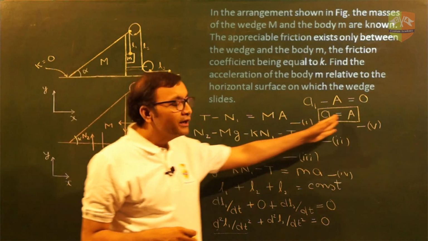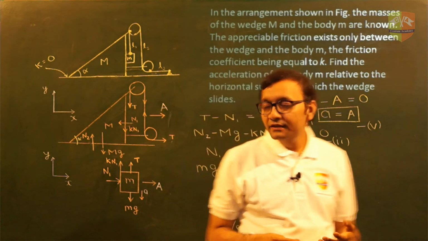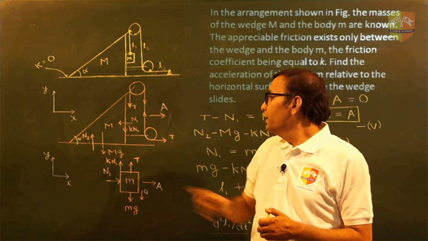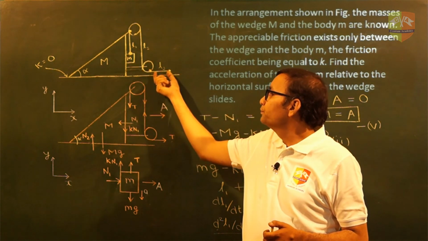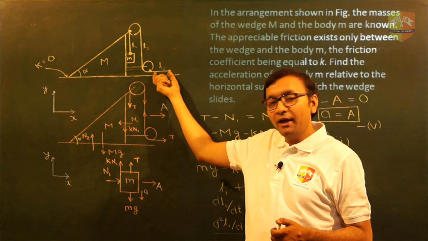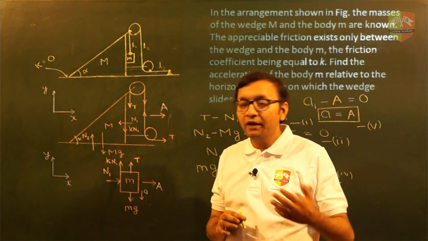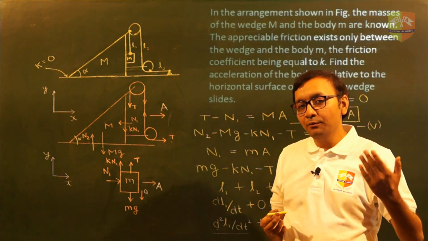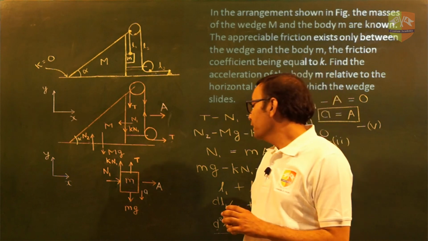You can also get the constraint equation by using one of those 3 techniques, using the work done by tension being equal to 0. So T into x1 should be equal to T into minus x2. So you'll get x1 is equal to x2, and when you differentiate it, you will get a1 is equal to a2, or small a is equal to capital A.